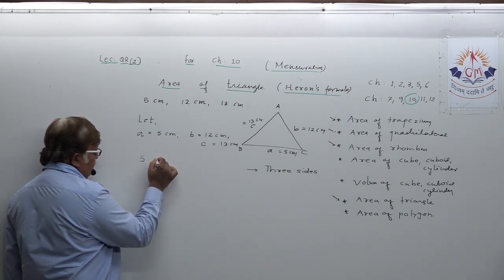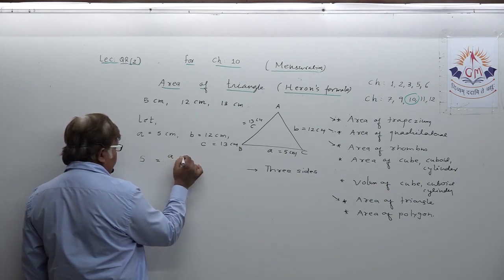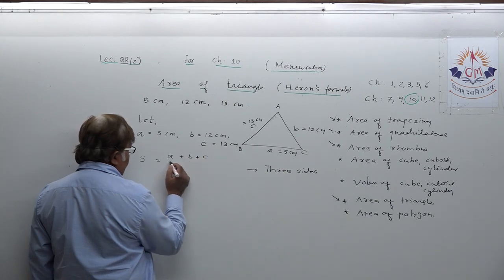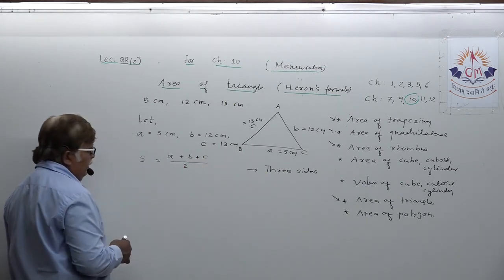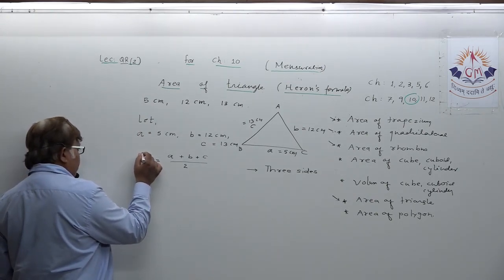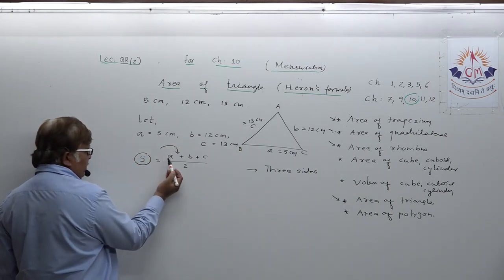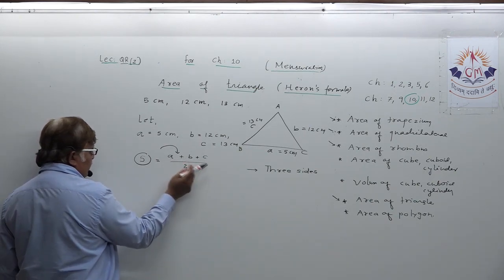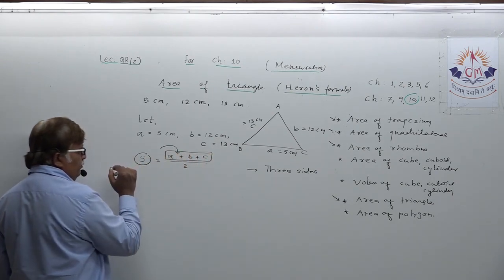semi-perimeter. What is the formula for semi-perimeter? s equal to a plus b plus c upon 2. Here one key point, dear student, you need to remember. Actually, semi-perimeter is half of the perimeter. When you are writing a plus b plus c, it simply gives the perimeter of the triangle.